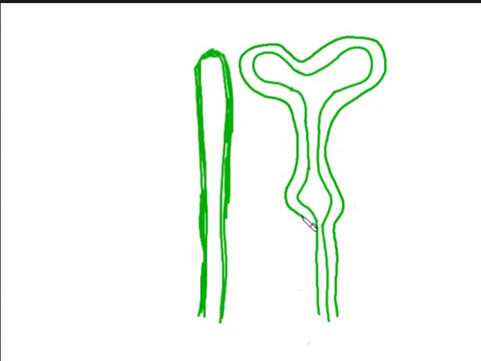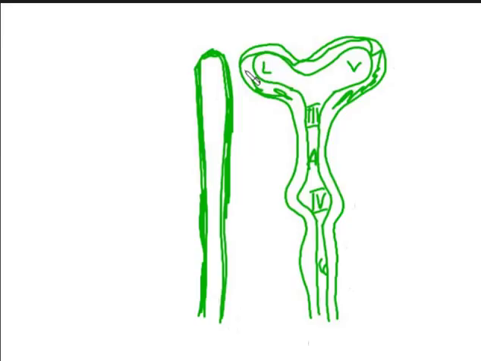The nervous tissue now increases in amount as this tube is growing. This will form the lateral ventricle on either side. This part is the third ventricle, this is the aqueduct, this is the fourth ventricle, and this is the central canal. And all of this here is the nervous tissue.